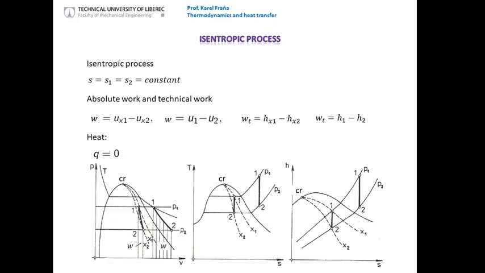The last basic process is an isoentropic process. The entropy will be constant. Again, you can see how to calculate the absolute work and technical work. Again, you can use the thermodynamic properties like the enthalpy and the internal energy to express this value.